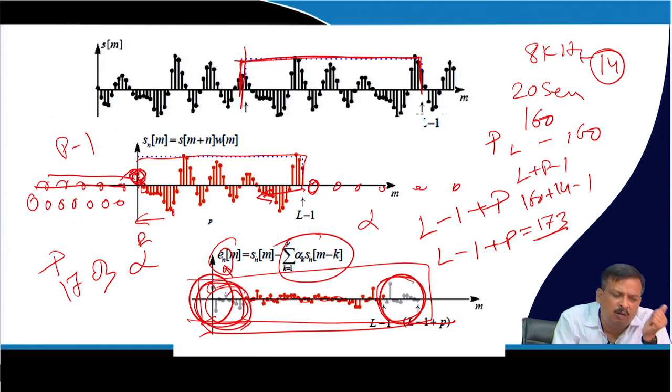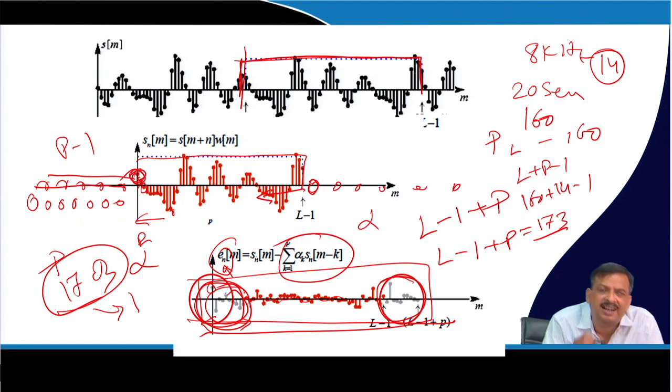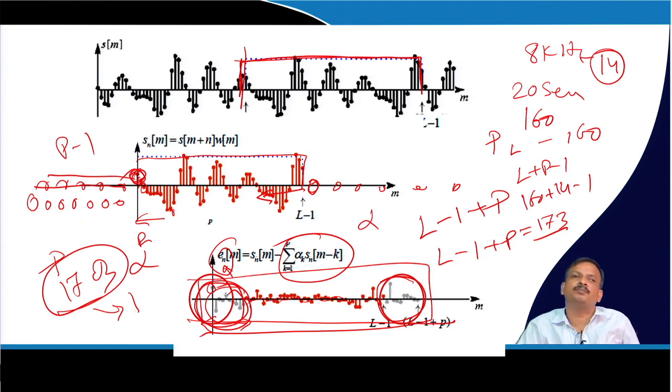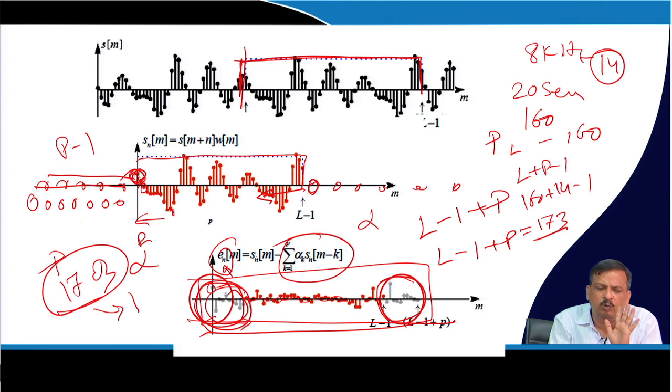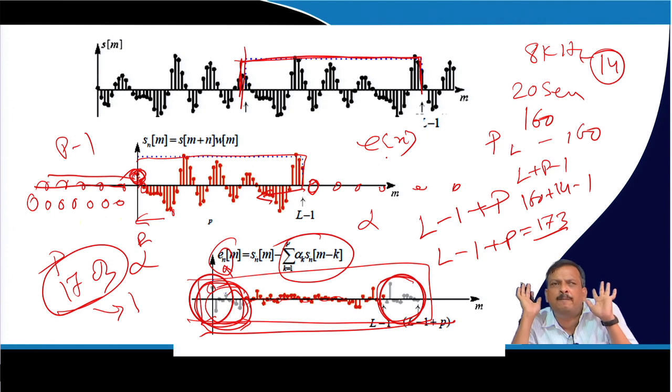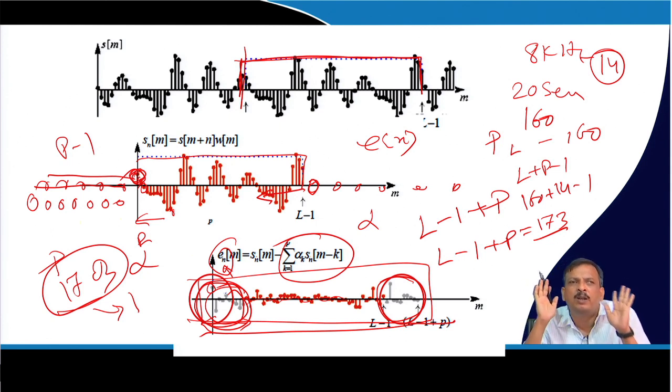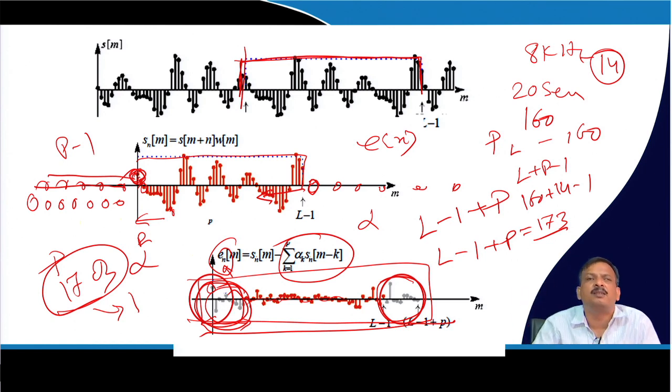Out of 173 sets, I have to find one set for which my error is minimum. So, that is my job. At least I require 14 equations, at least 14 En, but I will get 173 En. My job is to find the optimal set of alpha for which the error is minimum.